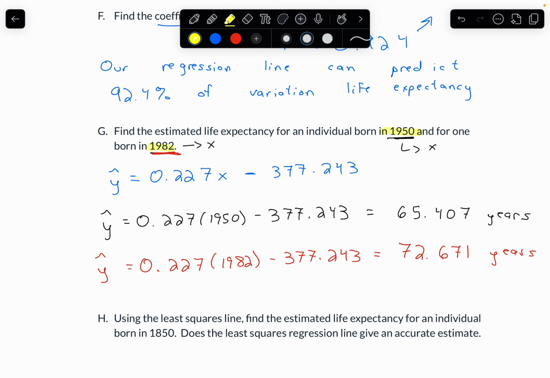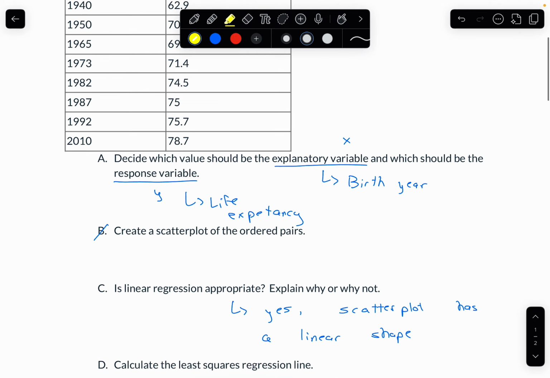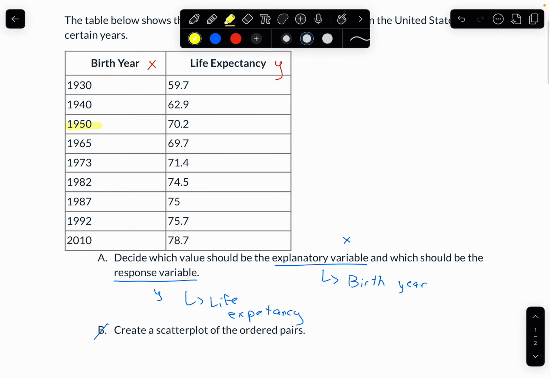Where do those fit in my data? If I scroll back up and look at my data, here's 1950 and here's 1982, which means that they were actually included. What you'll notice is that the predicted Y values might be a little bit different. They should still be relatively close to what we have here.